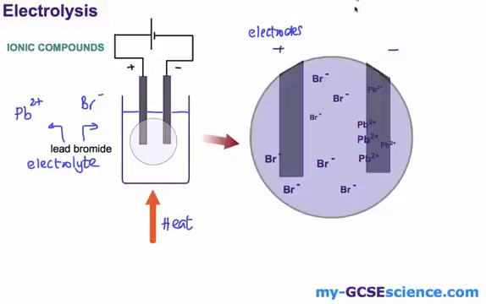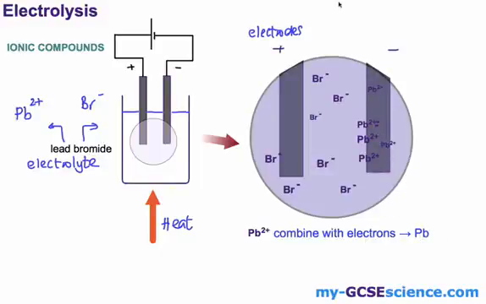Electricity is the flow of electrons, so as the electrons flow, they provide the electrons that can be used to balance out these ions and make them into atoms. This ion here has collected two electrons and balanced out the ion and made it into an atom. So what actually happens at the negative electrode is this: the lead ions combine with electrons to produce the lead atom. In actual fact, it will then produce lead metal on this electrode.